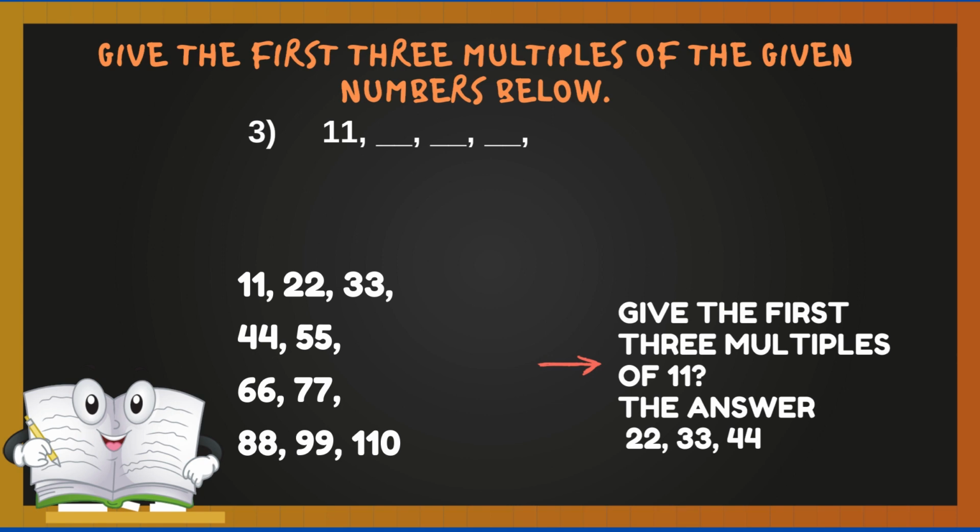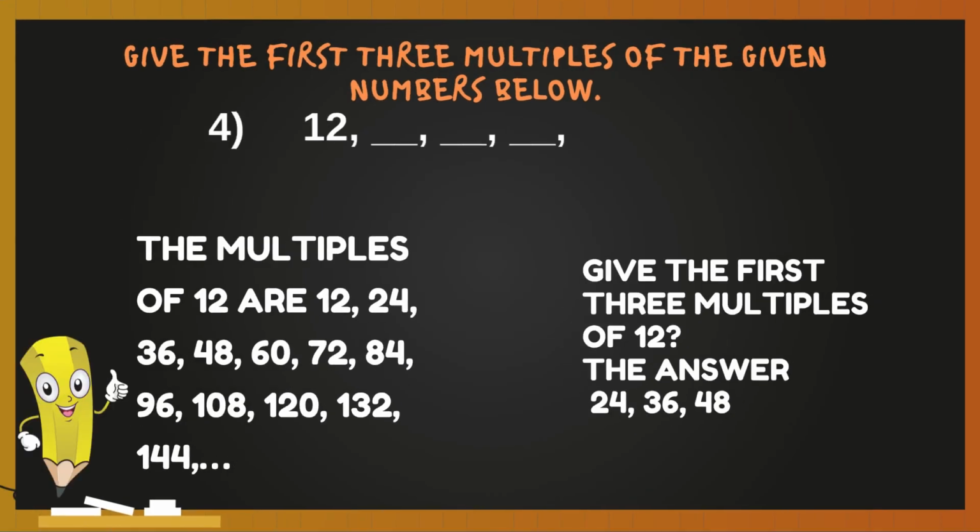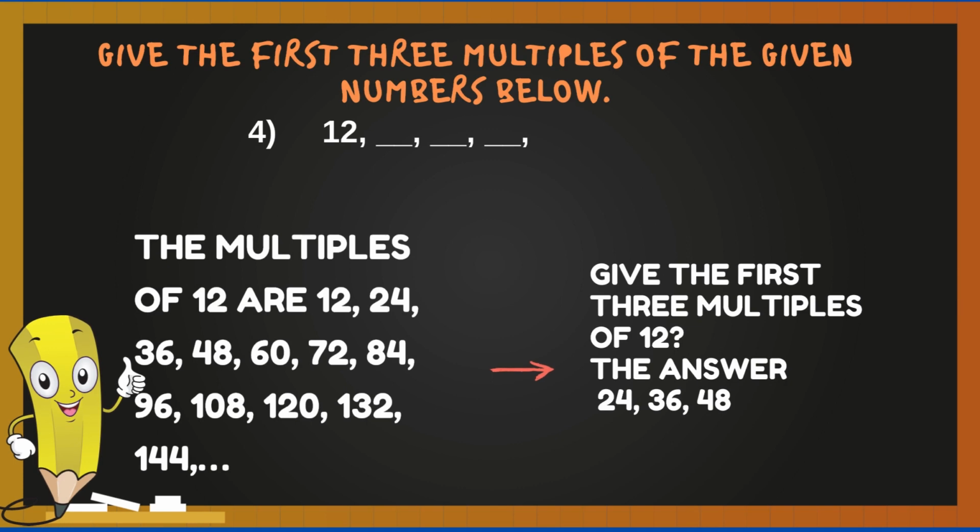The first three multiples of 11, the answers are 22, 33, 44. Number 4, multiples of 12. The multiples of 12 are 12 dagdagan ng 12, 24, 24 dagdagan ng 12, 36, 36 dagdagan ng 12 ay 48, and so on and so forth. So the first three multiples of 12, the answers are 24, 36, 48.